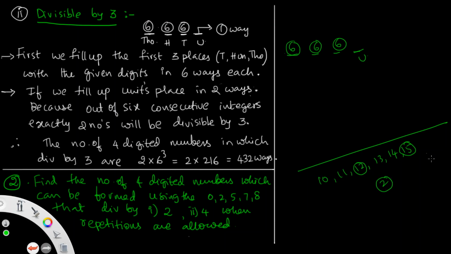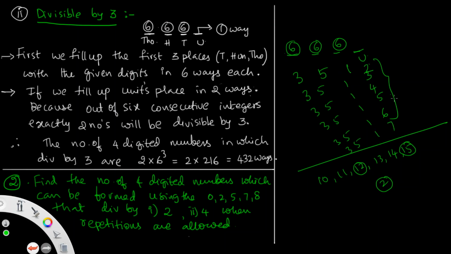In such a way, here also you take any number and you get a set of 6 integers. Suppose here 3, here 5, here 1, and the units place can be filled with 2, 3, 4, 5, 6, 7. So a set of 6 integers is formed.